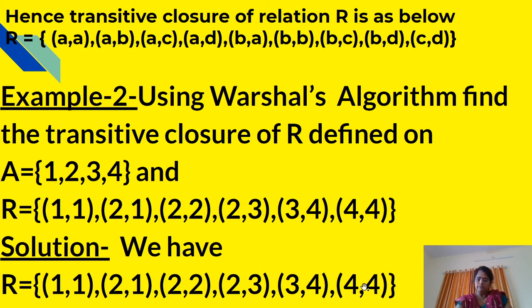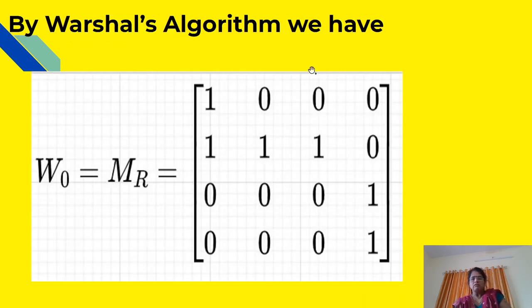Therefore, by Warshall's algorithm, we will write W0, which is equal to MR. Consider here 1, 2, 3, 4 horizontally, and consider here 1, 2, 3, 4 vertically, and wherever pairs are there in the given relation R, at that time we have written 1, and where the pairs are not there, at those places there are zeros.